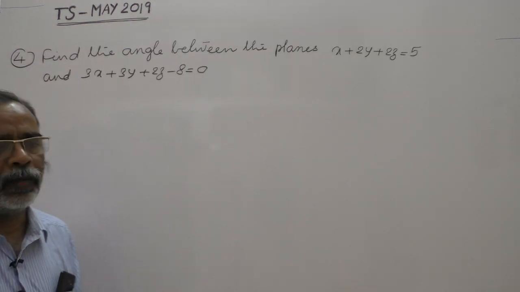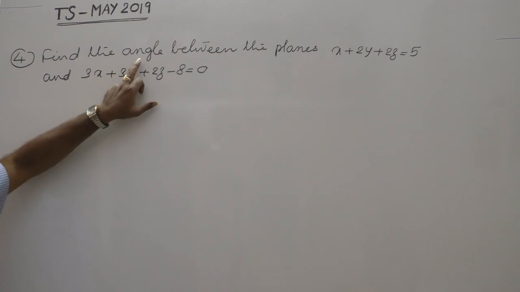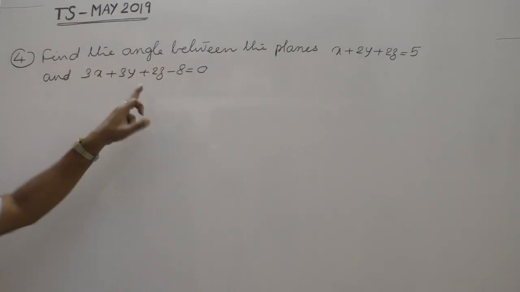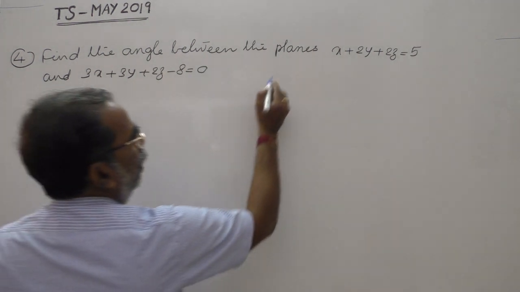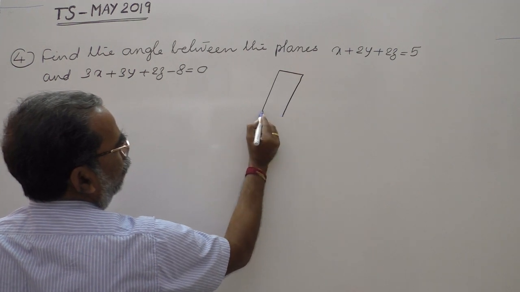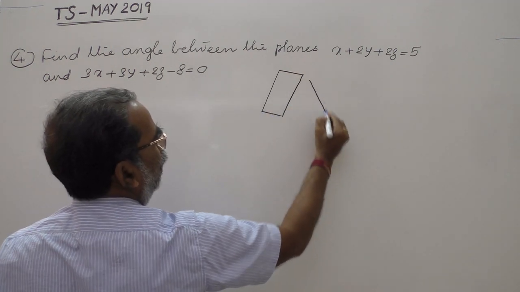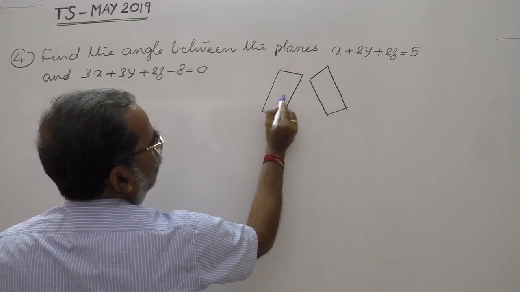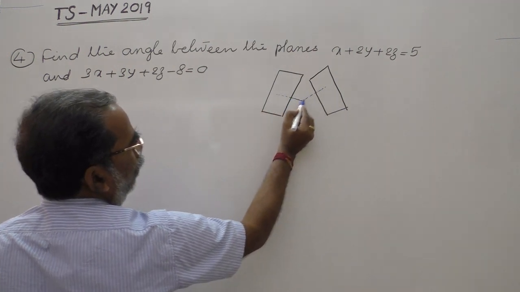Next, question number 4. This question is from 3D planes. Find the angle between the two planes. What is the angle between two planes? Angle between two planes is defined as the angle between their normals.